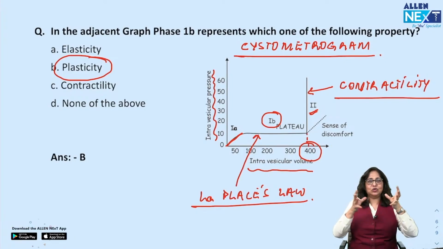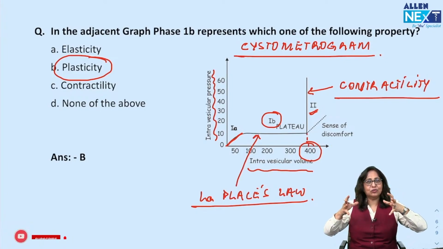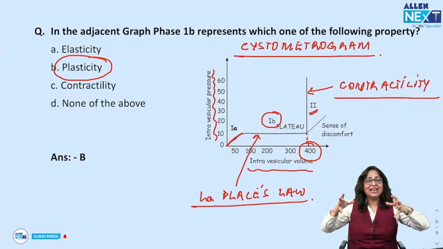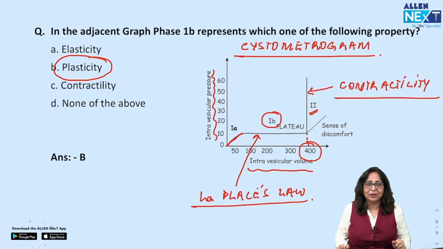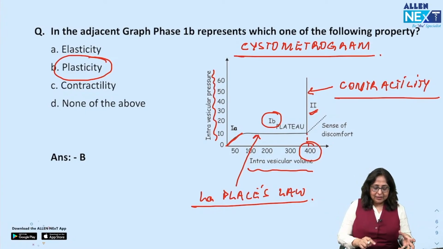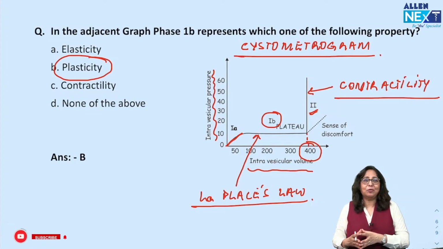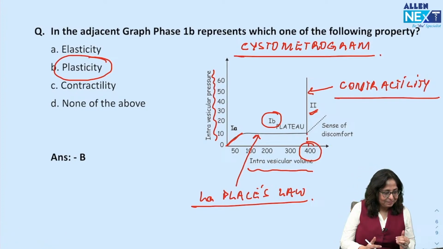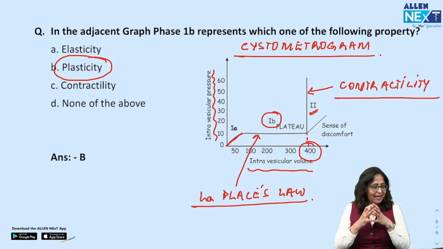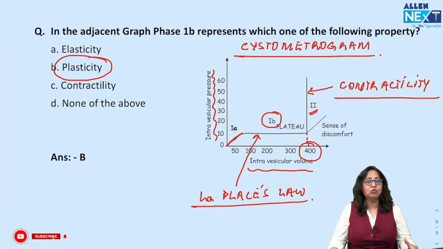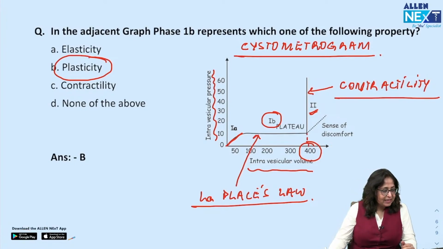In systole, they tend to expand, but during diastole, because of the elastic recoil, they will squeeze the blood and push it forward. Now, the smooth muscle shows the property of plasticity rather than elasticity, right? So the answer will be plasticity. Remember this, the urinary bladder has plenty of smooth muscle, not elastic tissue, right? So the answer to this question is plasticity.